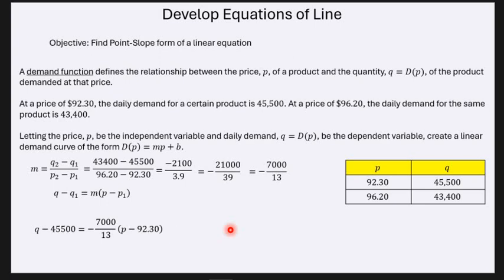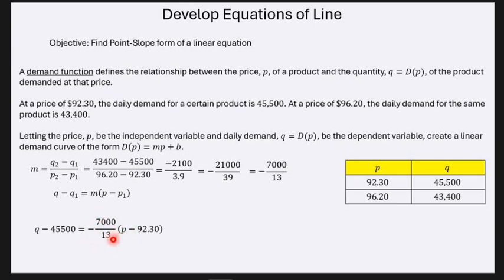So we plug all that in, and then we're doing the same thing. We're going to simplify this. We're going to put it in slope-intercept form. Y equals mx plus b, or in this case, Q equals mP plus b. So we need to solve this for Q.